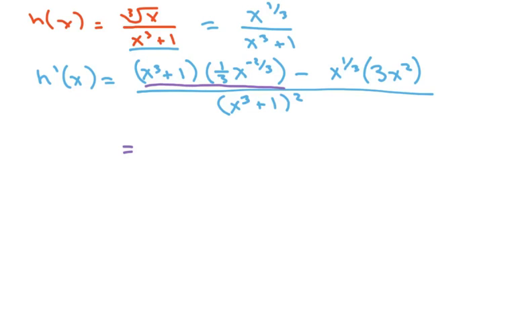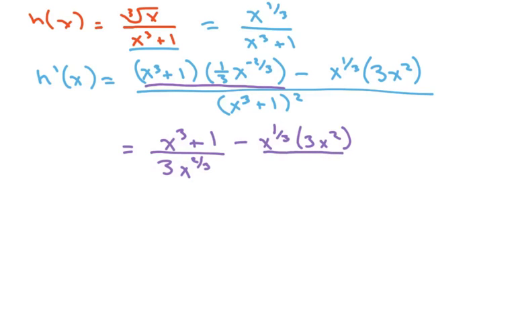So this is going to be x cubed plus 1 over 3 x to the 2/3, and then we're going to have minus x to the 1/3 times 3x squared over x cubed plus 1 squared.